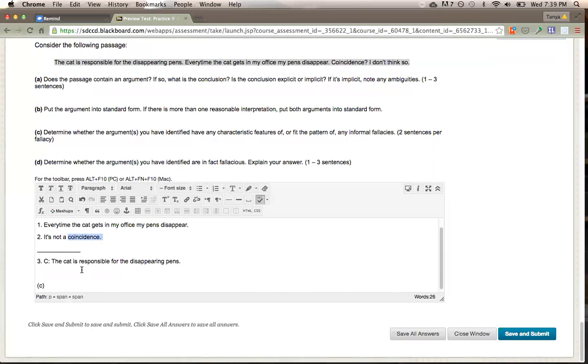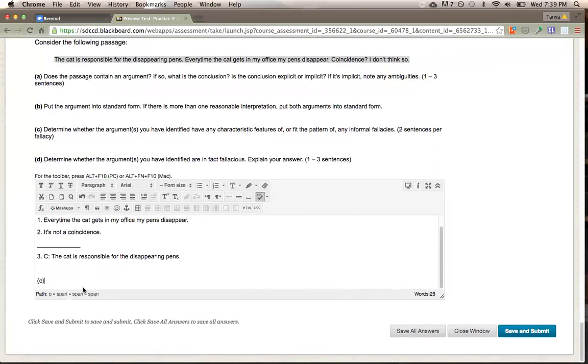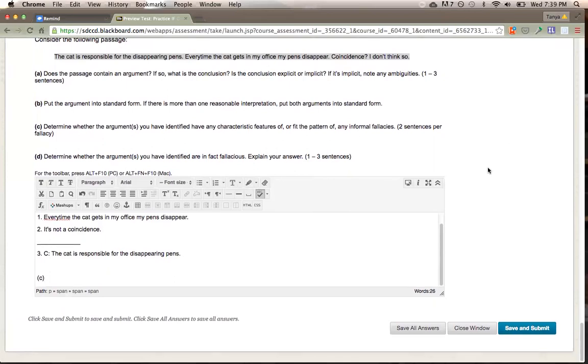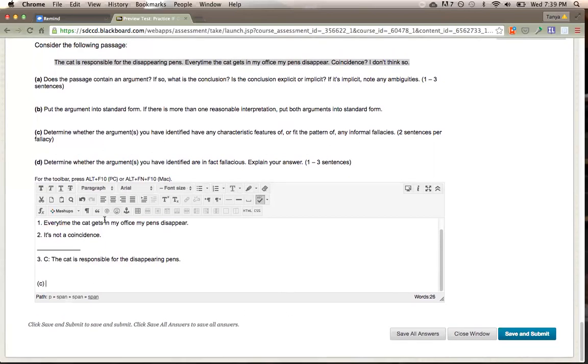If you're thinking this is starting to look like a false cause fallacy, you should give the definition of what exactly the fallacy is, so that you can say this has some resemblance to that definition.